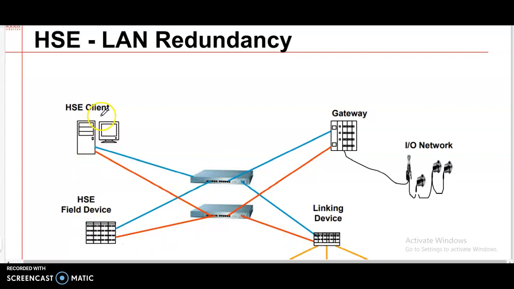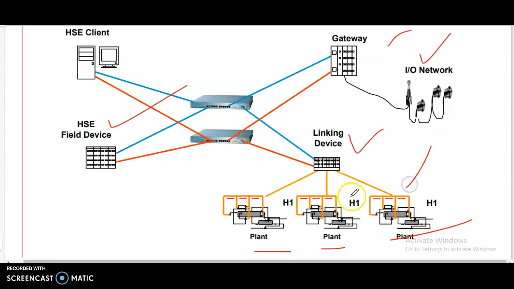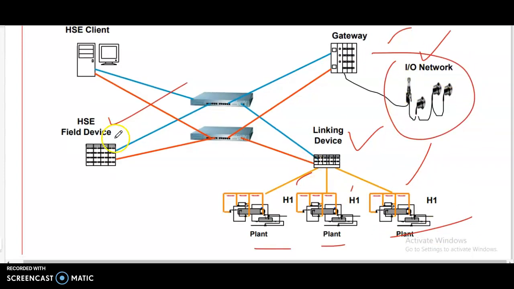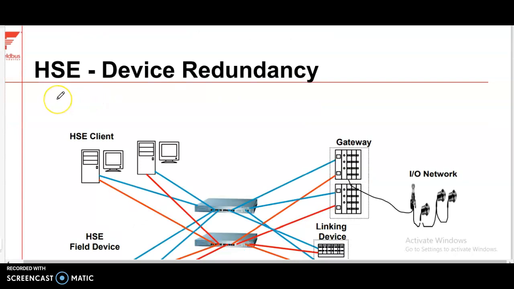HSE client, HSE field device, gateway, I/O network, field device, the linking device, plant H1, I/O network. These are HSE device redundancy.